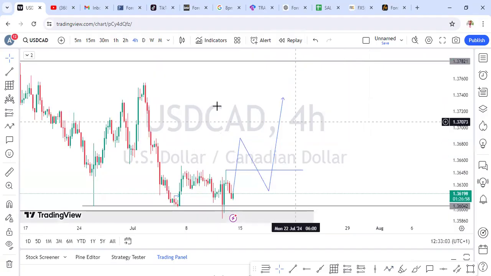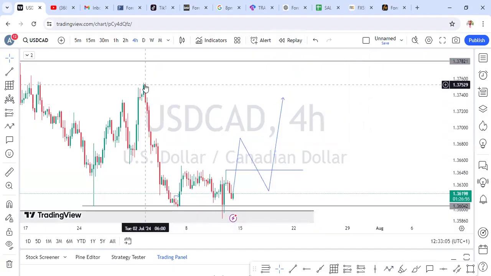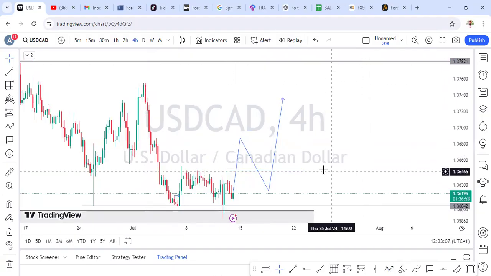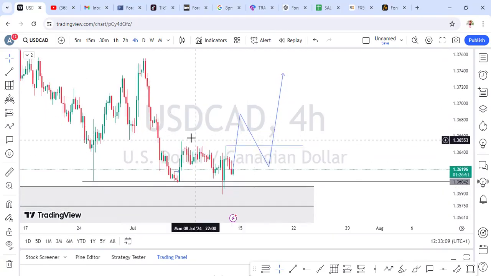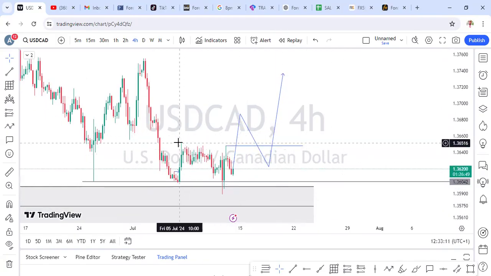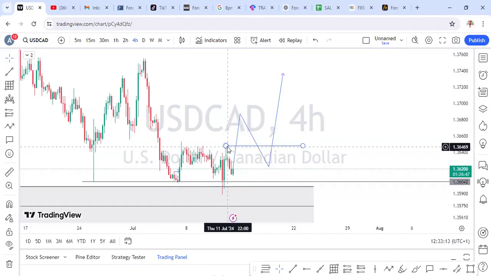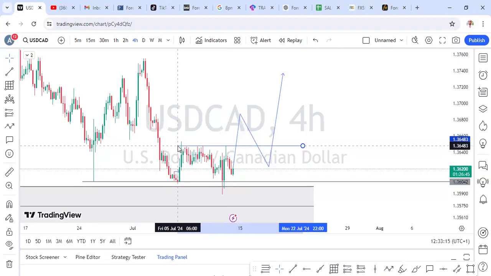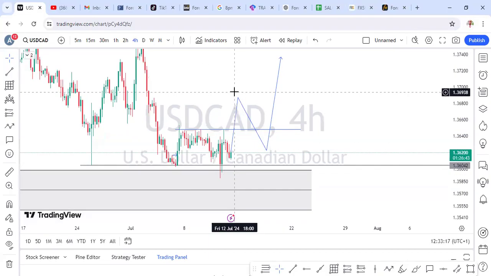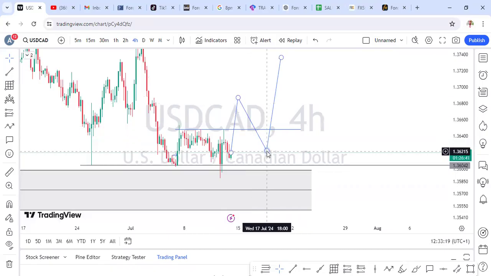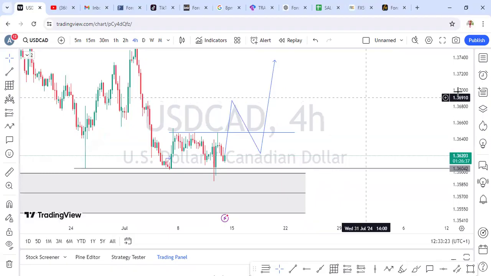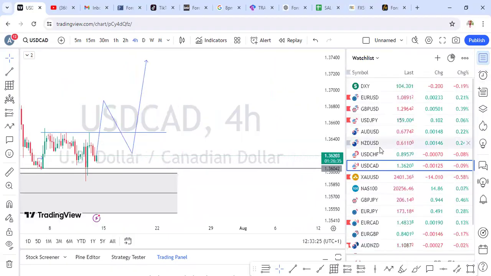So on 4 hours, this is a draw on liquidity for us. If a 4 hour candle closes above those highs, that will give us a reason to wait for an institutional reference and buy. So that is CAD for us.